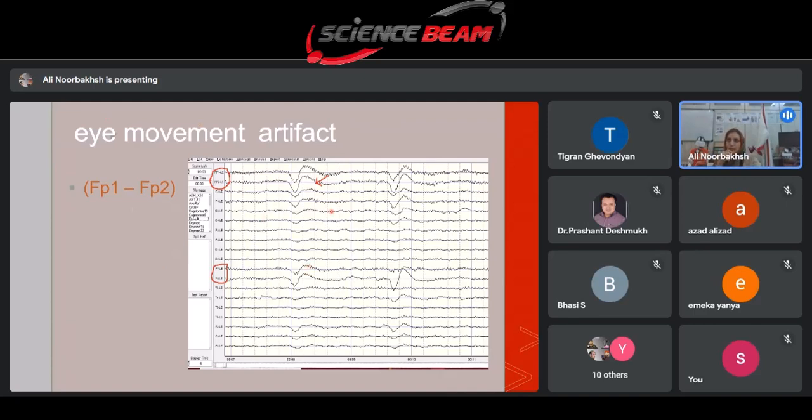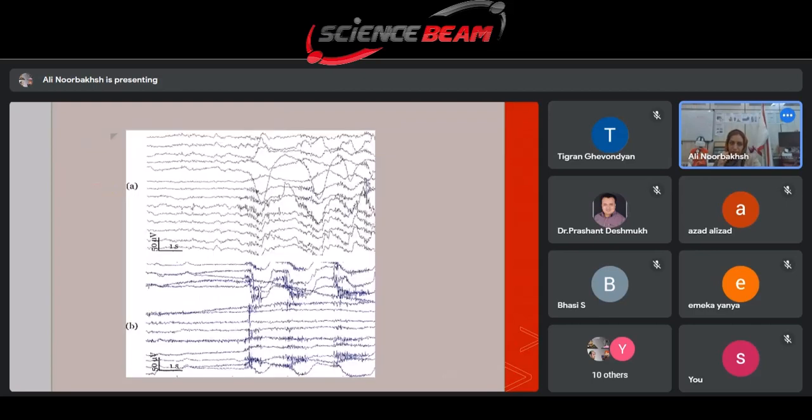You can see this type of artifact in these parts: FP1, FP2, F3, F7, and F8. But you can edit or remove this artifact by the software.